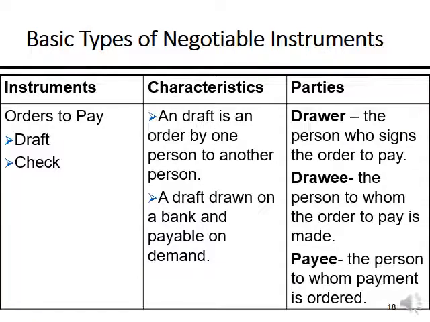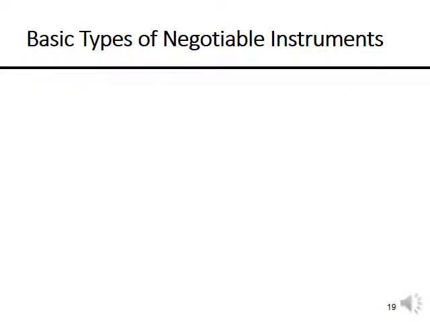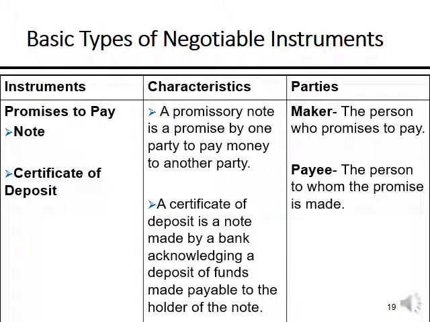You have the drawee, the person to whom the order to pay is made. And then the person to whom payment is ordered is the payee. The promissory note, you have the maker who promises to pay. They promise to pay to the payee. A promissory note is a promise by one party to pay to another party. An example is a certificate of deposit.